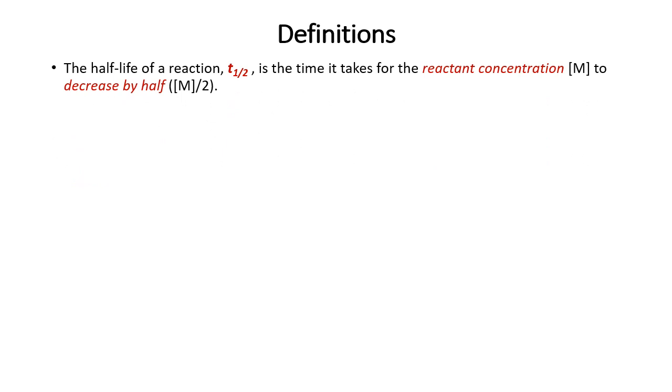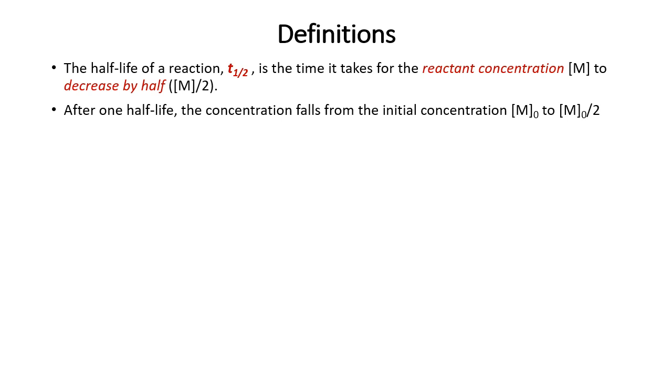First, we need to understand what half-life is. The half-life of a reaction is the time it takes for the reactant concentration to decrease by half, from m to m divided by 2.